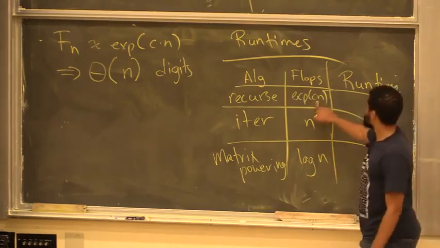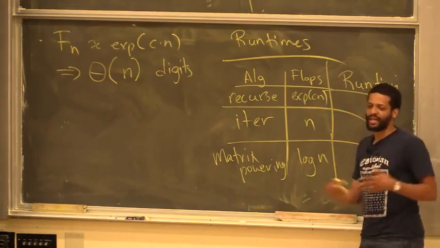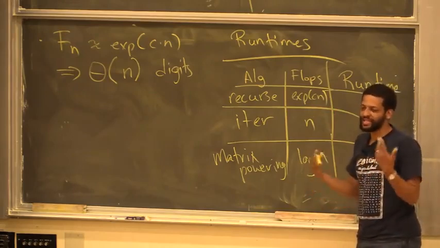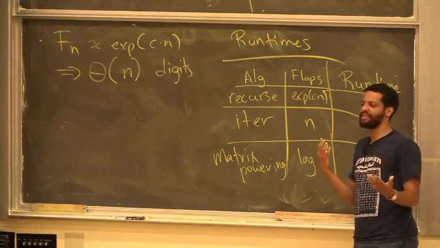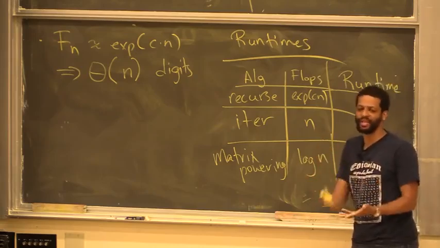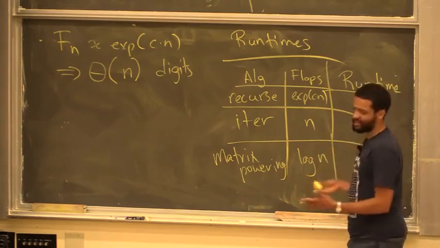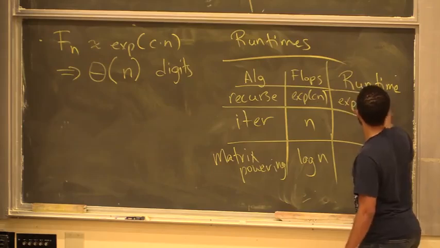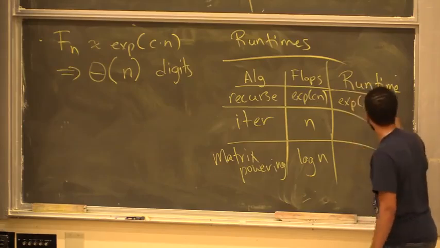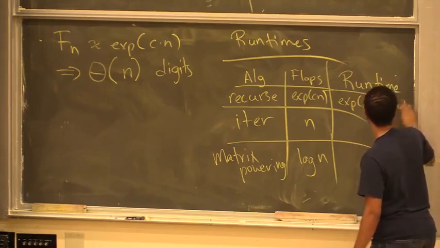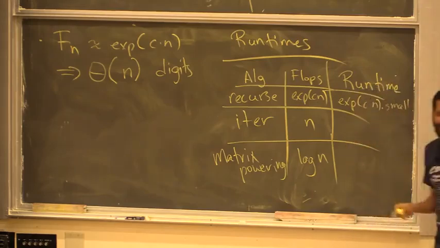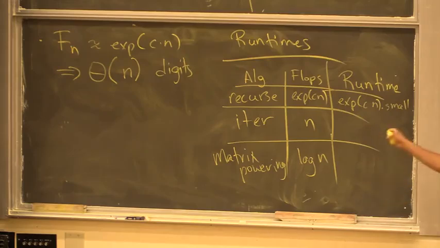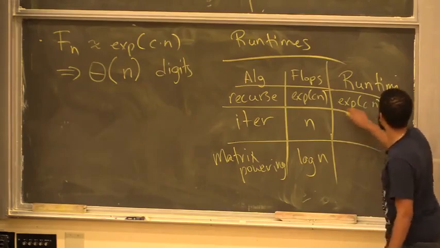Each one of these flops is on numbers that are roughly n digits long. So it's still an exponential number of things, each one taking some polynomial in n. It's basically some exponential in some constant times n, times some smaller stuff that's only polynomial. Small relative to exponential anyway. It's still an exponential time algorithm. So let's not be too pedantic about understanding exactly the runtime.